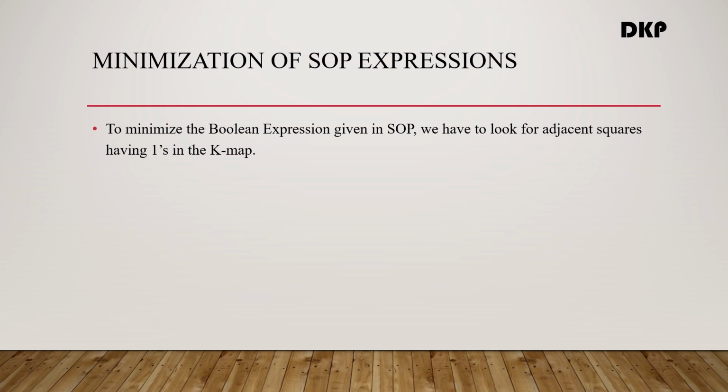We have to combine these squares to form larger squares to eliminate some variables. That is, we have to reduce the Boolean expression. So in order to reduce the Boolean expressions, we have to eliminate some variables by combining these squares or cells.